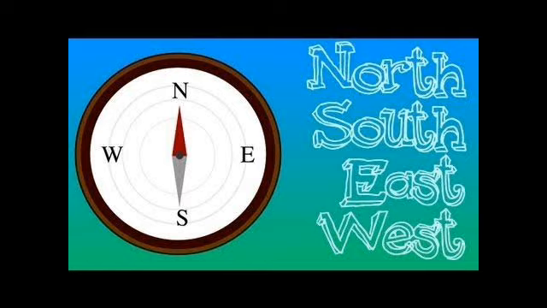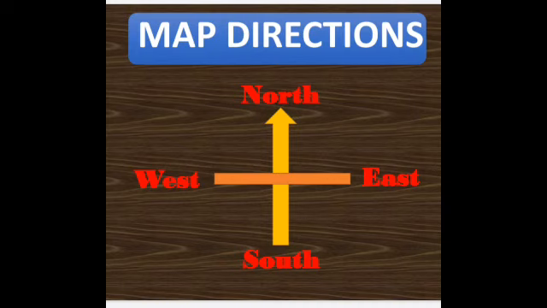Do remember, if the north is not shown on a map, the top of the map is shown as the north and the bottom as the south when you stand facing the map. The right hand side is the east and the left hand side is the west. These four directions, east, west, north and south, are called cardinal points.